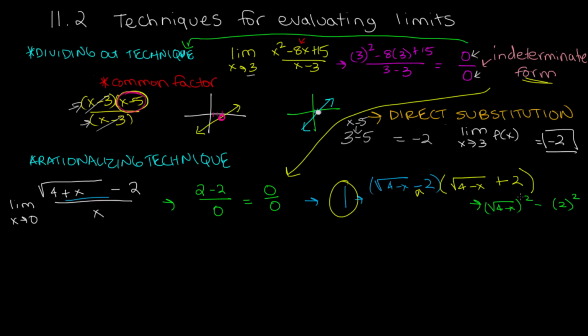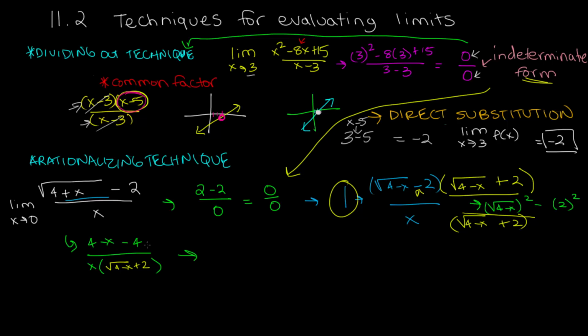Since we're multiplying by 1, however, this has to be on both the numerator and the denominator, because anything over itself is equal to 1. So if we put this on the numerator and the denominator, over x, we get 4 minus x, because the square root and the square cancel each other out, minus 2 squared, which is 4, all over x times the root of 4 minus x plus 2.